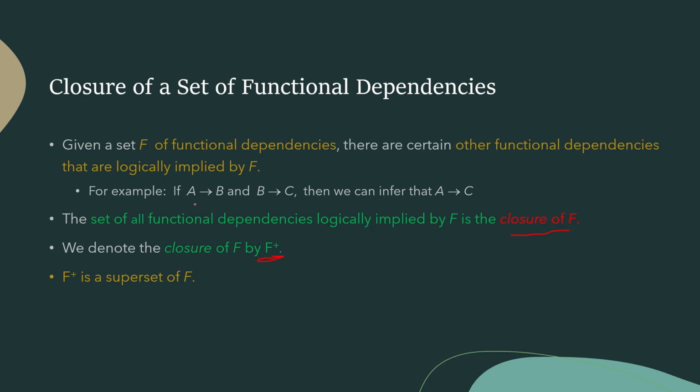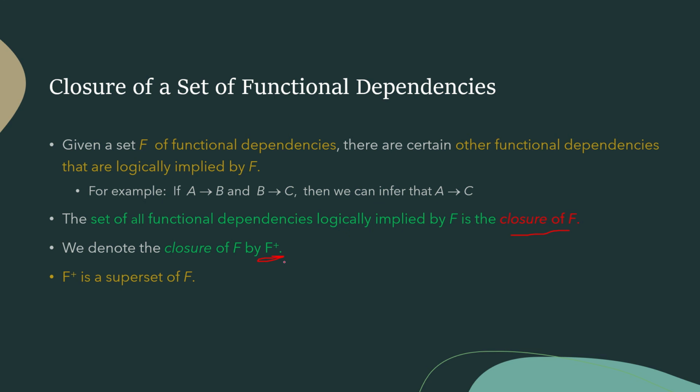Suppose two functional dependencies are given directly. The first one is A implies B, and the second one is B implies C. From these two, we can logically derive another functional dependency by applying the transitive rule: if A implies B and B implies C, then A implies C. Actually, A implies C is not given in our set. It is logically derived from the existing set of functional dependencies.